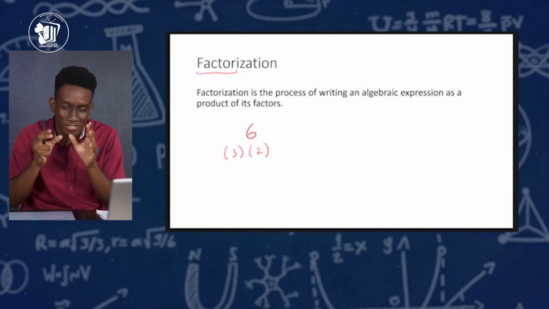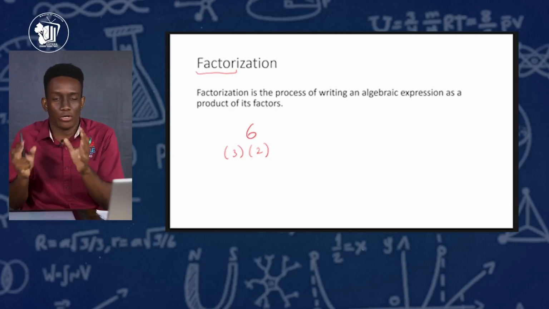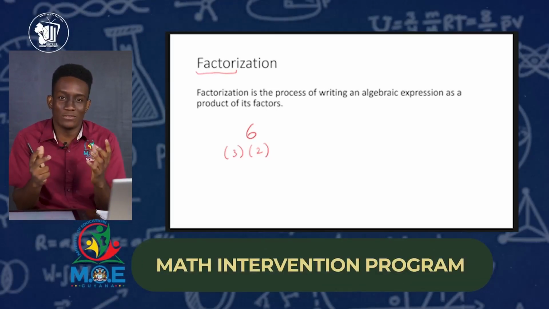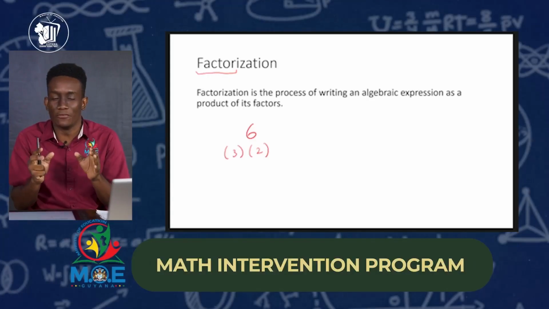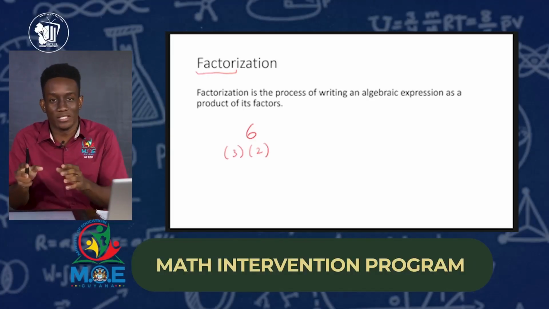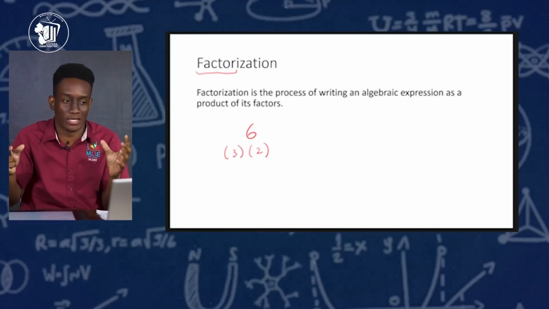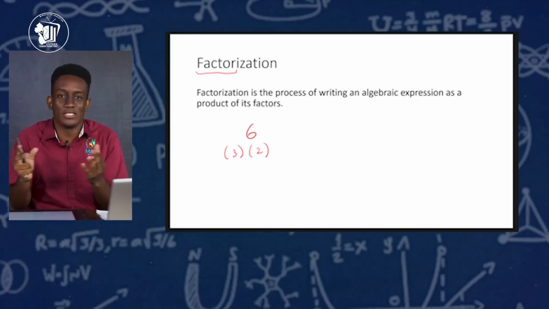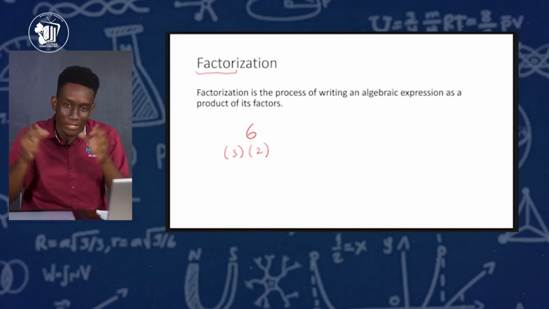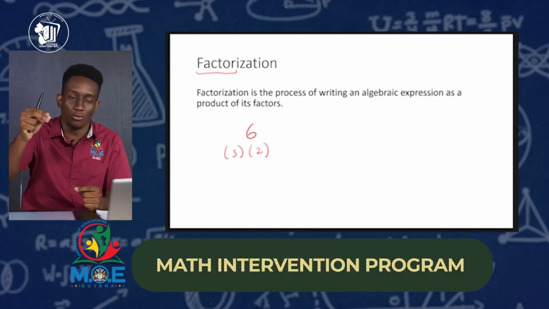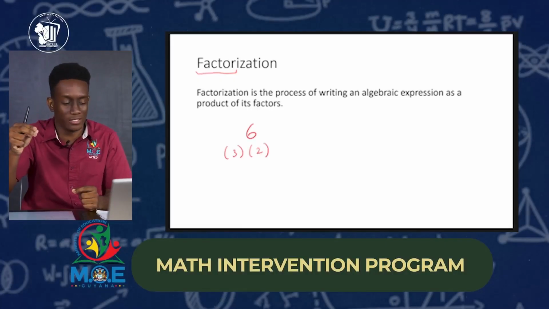At the end, whenever you finish factorizing whatever term, you should have 2 factors multiplying each other to give you back the original expression or term that you had. And that is the concept of factorization.